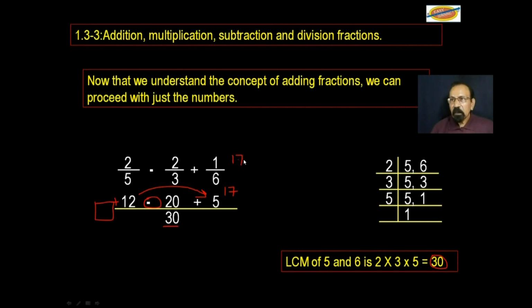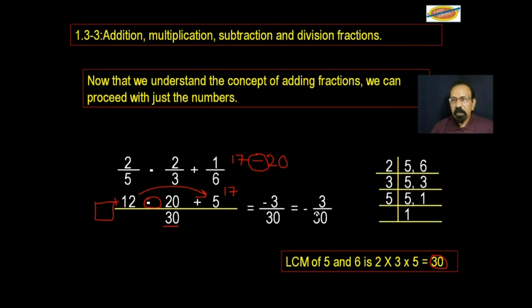17 minus 20. We have unlike signs. We will subtract and retain the sign in front of the larger number. So we get negative 3 over 30.